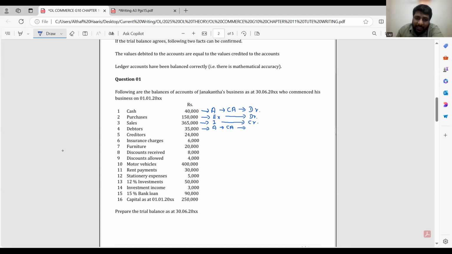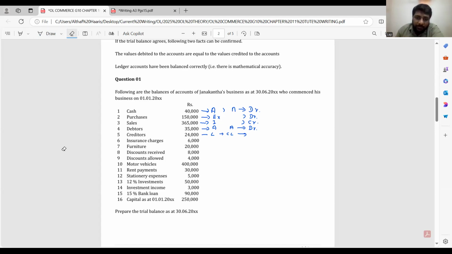Assets increase on the debit side. Who are creditors? Creditors are liabilities. So it's a current liability. Liability increases on which side? Credit. Good.